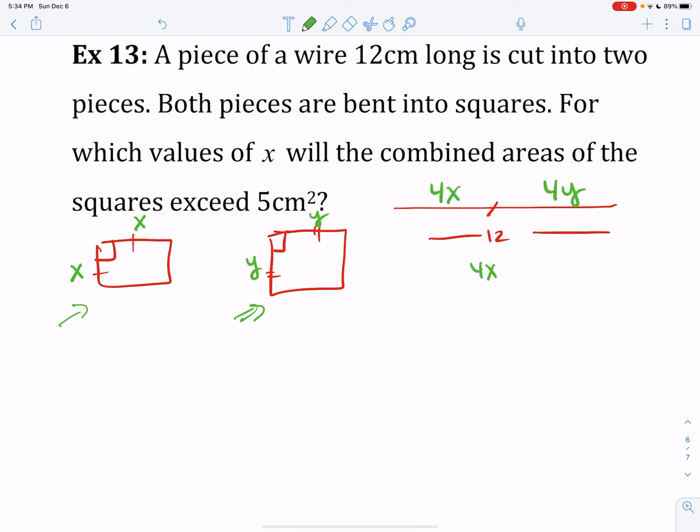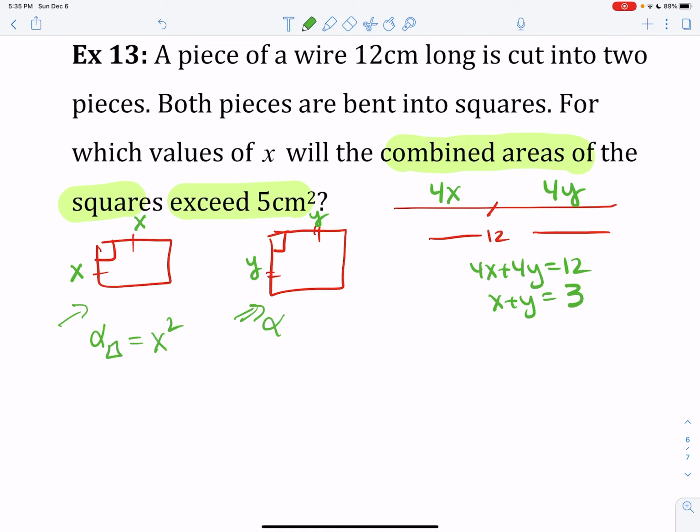So I know that 4x plus 4y is equal to 12, or I know that x plus y is equal to 3. And I'm also trying to find, for what values of x will the combined areas of those squares exceed 5. The area of this square is x squared.